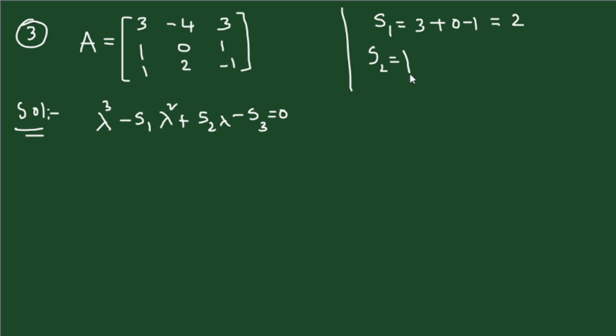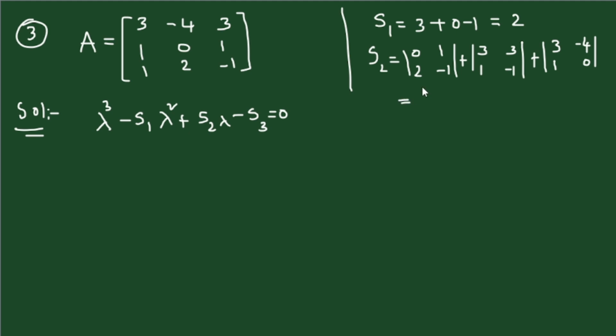What is S2? S2 is the sum of the determinants of the cofactor matrices. Cofactor matrix of 3 is these four elements 0, 1, 2, minus 1, plus all corner elements 3, 3, 1, minus 1, plus top left corner 3, minus 4, 1, 0.